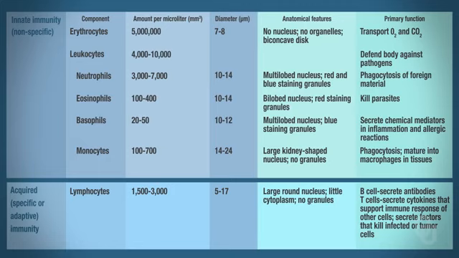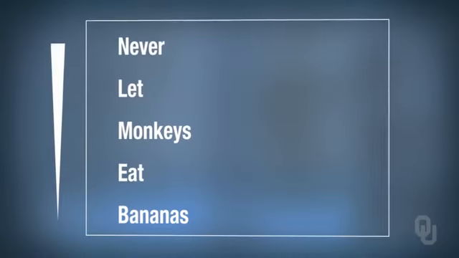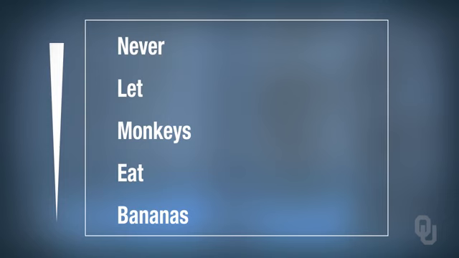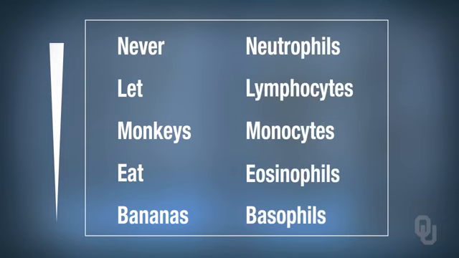So these are important columns here, but you do also have to know their relative abundance. So again, if you remember, never let monkeys eat bananas, that tells you the most abundant leukocyte all the way to the least abundant leukocyte, which are your bananas or your basophils. So that way you don't have to memorize the amount per microliter.